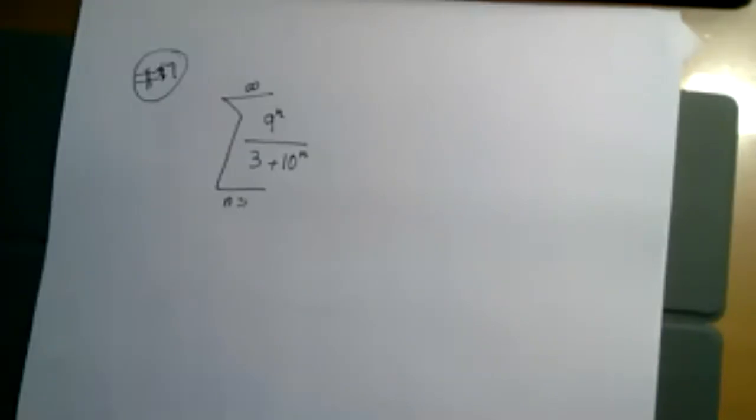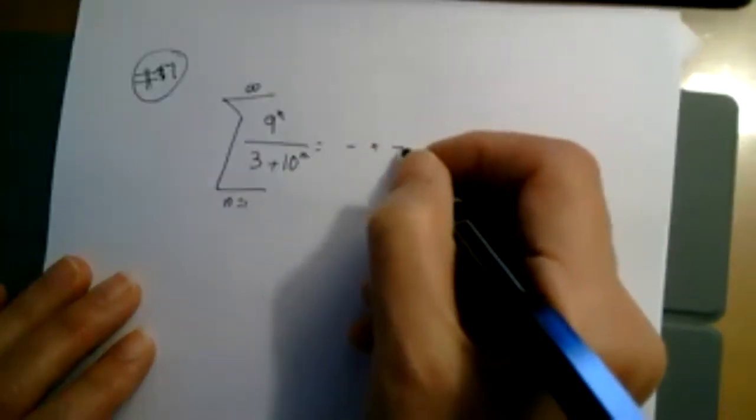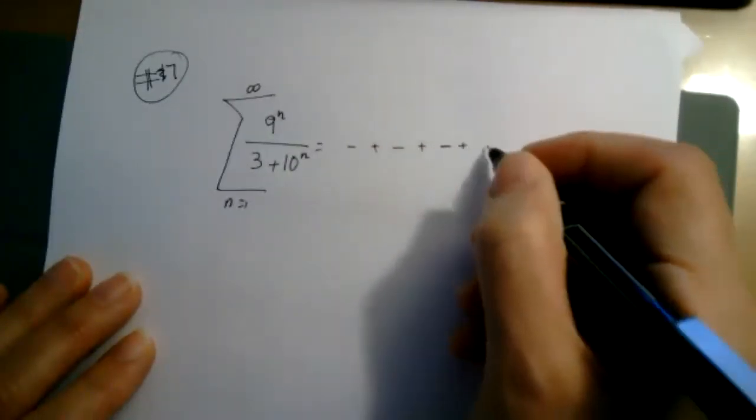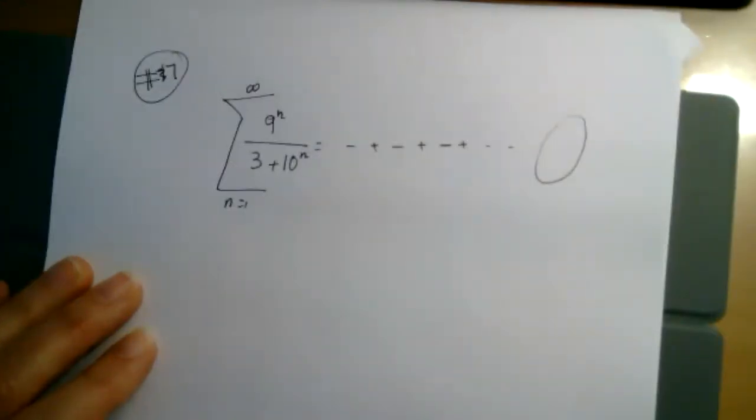And the question is, does the series converge or diverge? If we look at it, we really have no idea what it is. So we're going to look at its general term, meaning when we're adding the terms, something plus something plus, etc., we look at what this general term looks like.